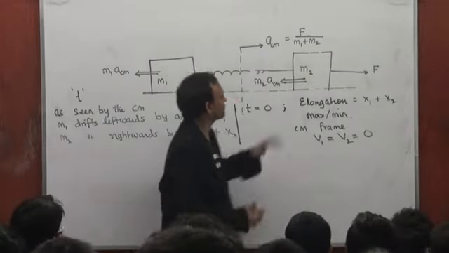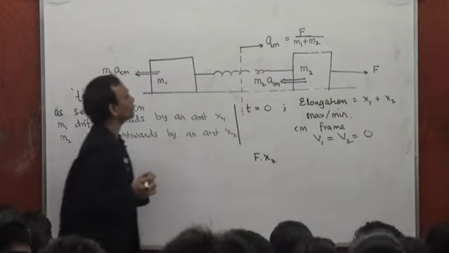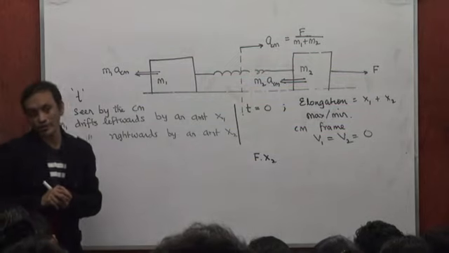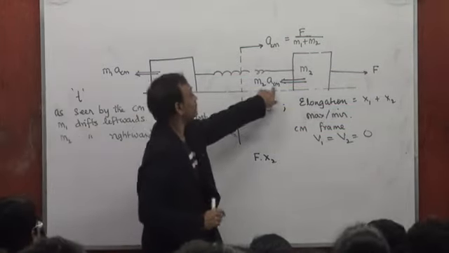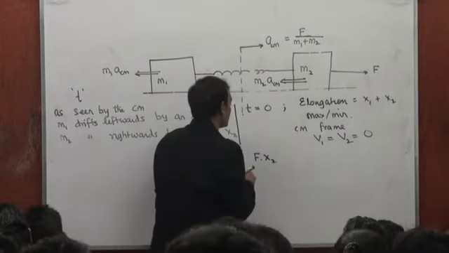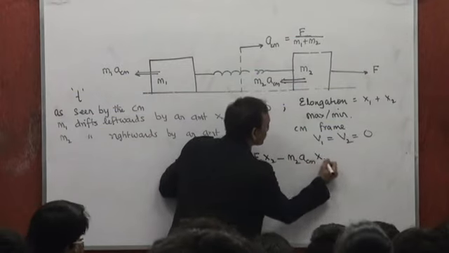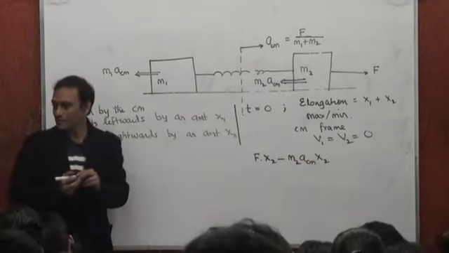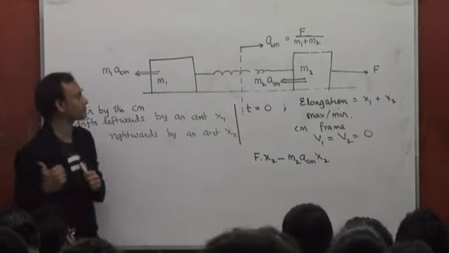Work done by F is going to be F into x2, right? Work done by M2 ACM: this is leftwards, but x2 is rightwards, so work done by this is going to be minus M2 ACM into x2. Work done by the pseudo force, because x2 is to the right, the pseudo force is to the left.